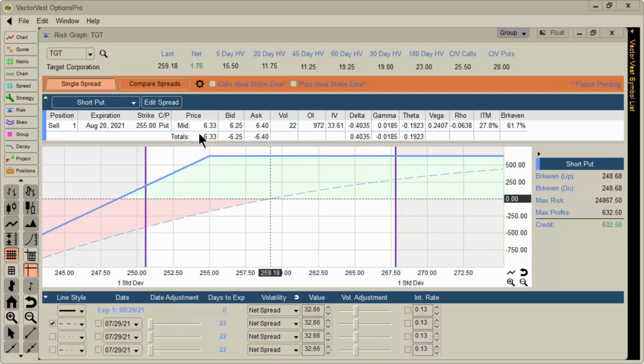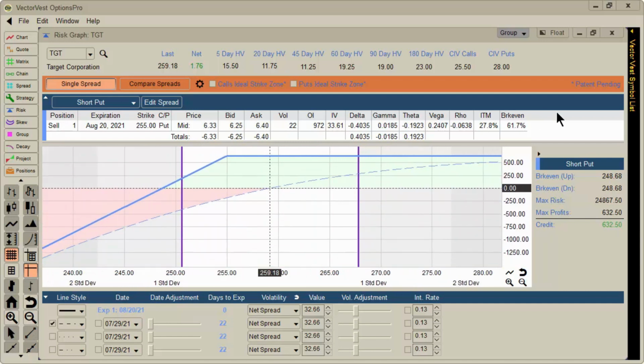Now, the problem with doing this trade on its own is that over on the right, you can see that I have a $632 maximum profit, but the risk is $24,867. If something catastrophic happens to Target, what's going to happen? Let's say the stock all of a sudden opened up one day at $240 a share.